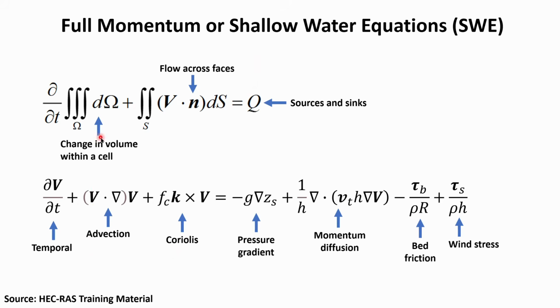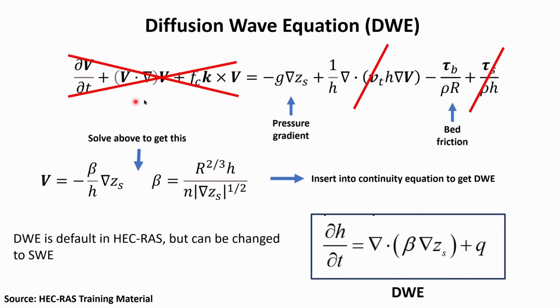And when we use the complete form of the momentum equation along with continuity, it is called the full shallow water equation. Now, as we saw, the shallow water equations have all the acceleration terms on the left, and then we have momentum diffusion, and then we also have the wind stress term. Now, in many cases, these terms may not be significant. In that case, we can ignore those, and we are left with pressure gradient and bed friction.